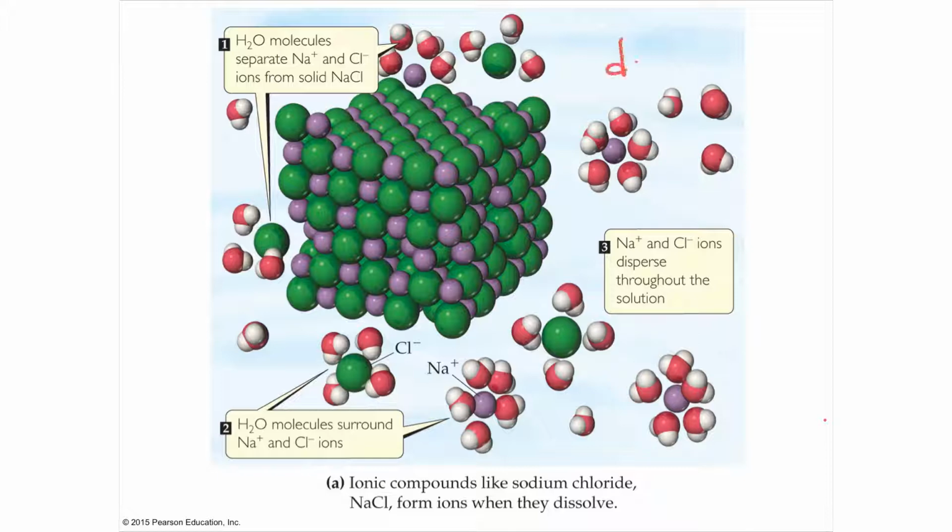Whenever something is separated into positive and negative ions, so like an ionic compound like sodium chloride, which is ionic, and it breaks apart into ions, that dissociates. So the positive dissociates from the negative, and the negative from the positive.